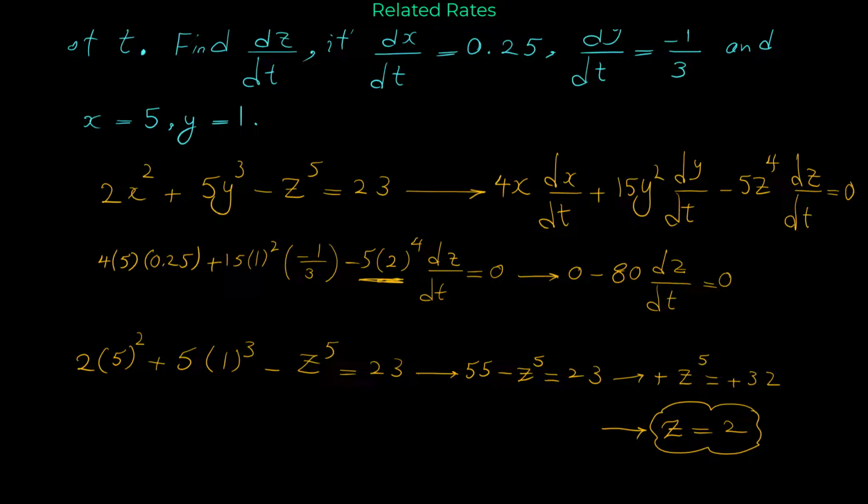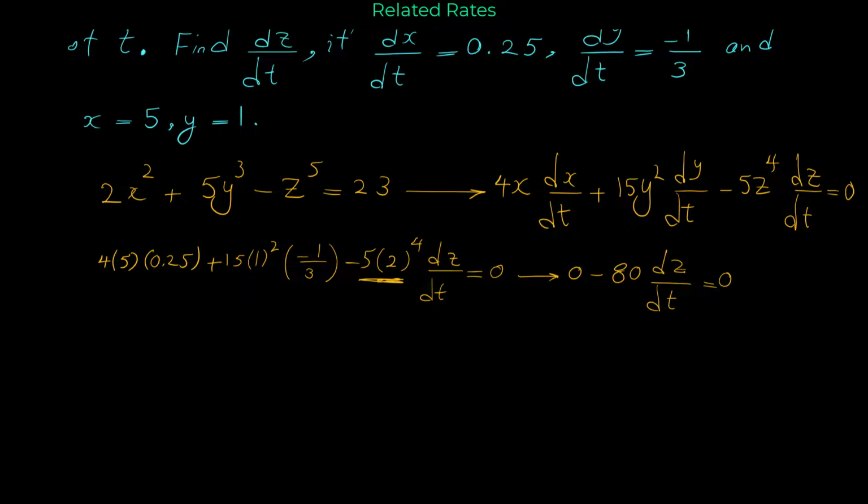Let me erase here. So from negative 80 dz over dt is 0, dz over dt is 0 over negative 80, which is 0.